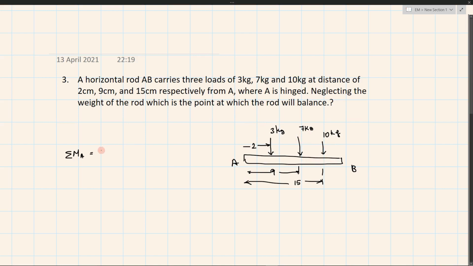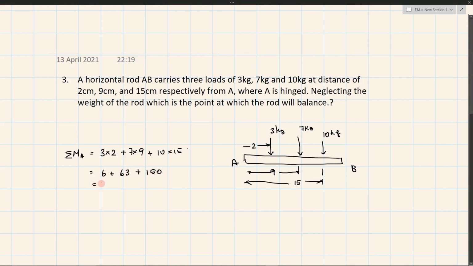So what I'll have is 3 into 2 plus 7 into 9 plus 10 into 15. That is nothing but 6 plus 63 plus 150.